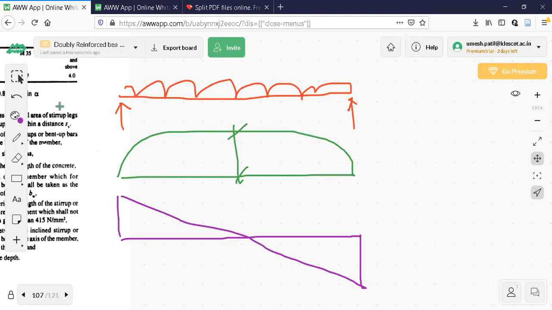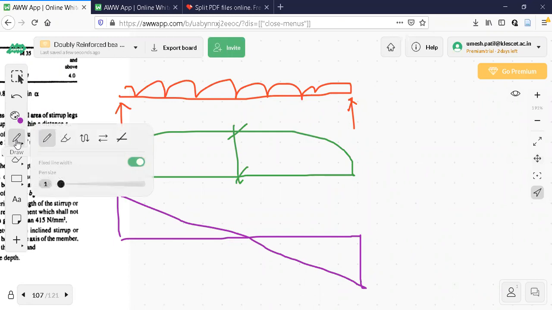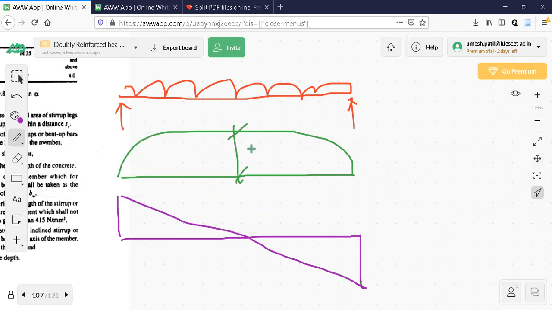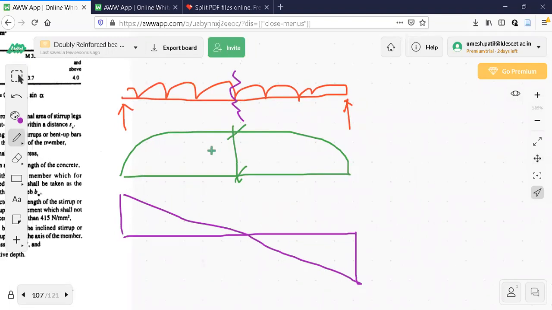So the failure due to bending is somewhere here. If adequate precautions are taken, let us say this beam is not going to fail due to bending.